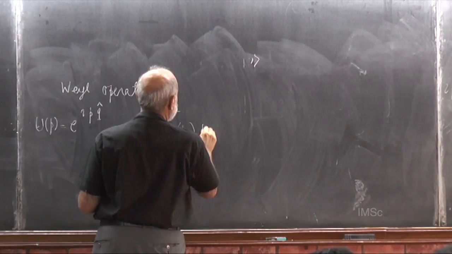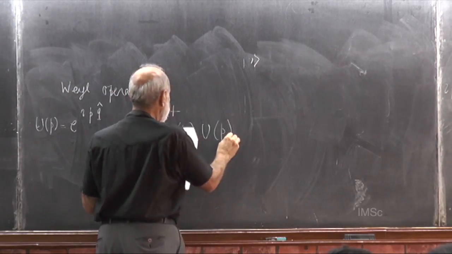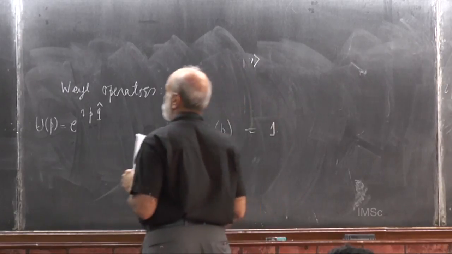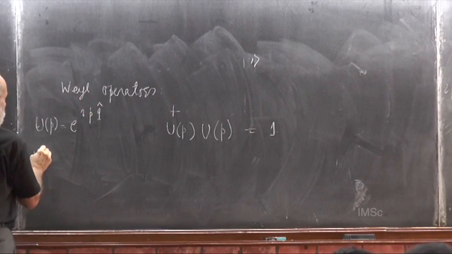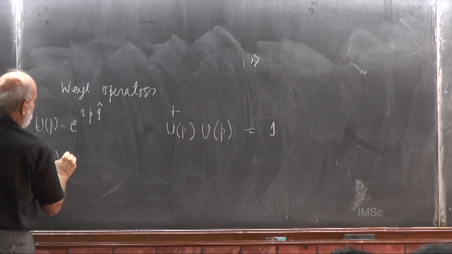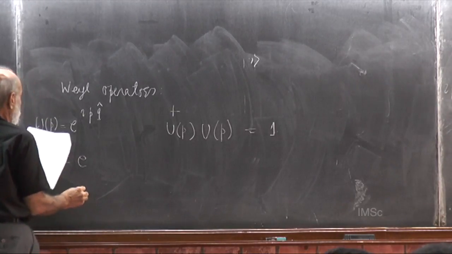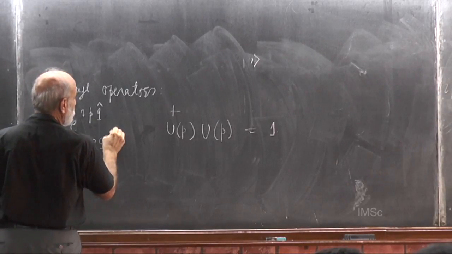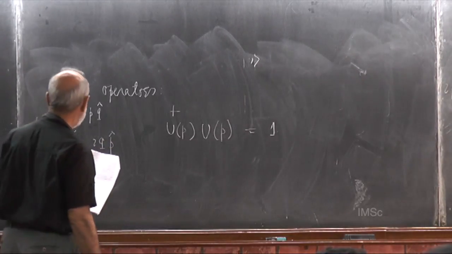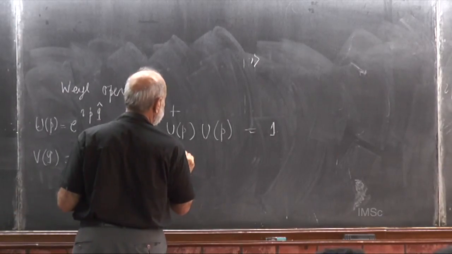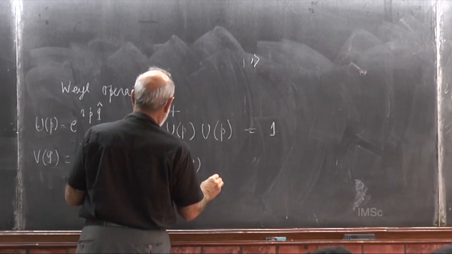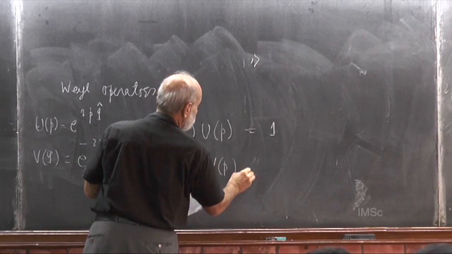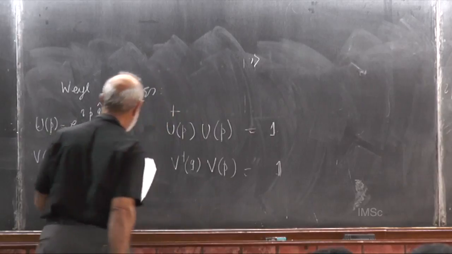These are unitary operators on the Hilbert space. Similarly, we can define the exponential of the momentum operator, V. These are also unitary operators on the Hilbert space, so V V dagger is equal to the identity.